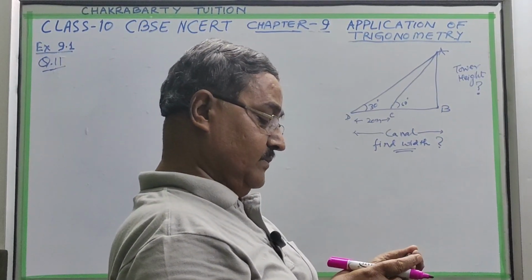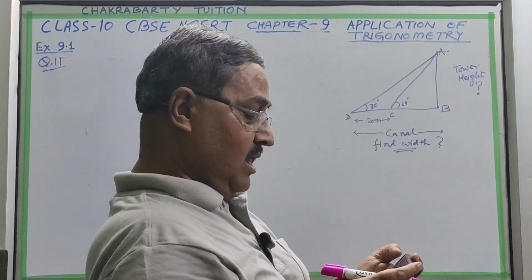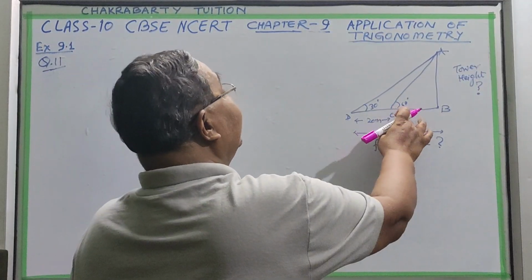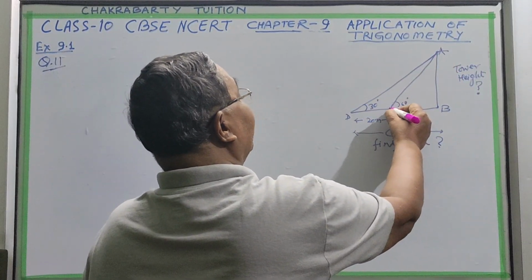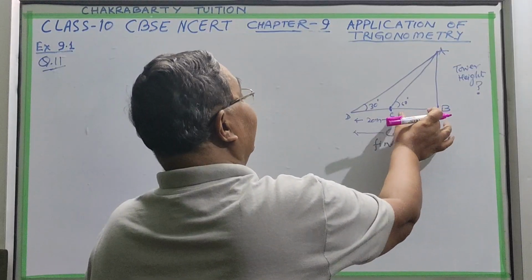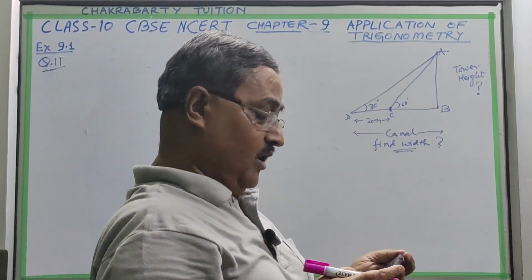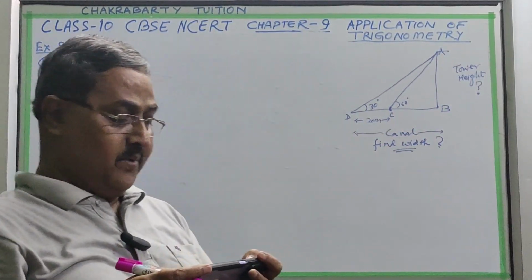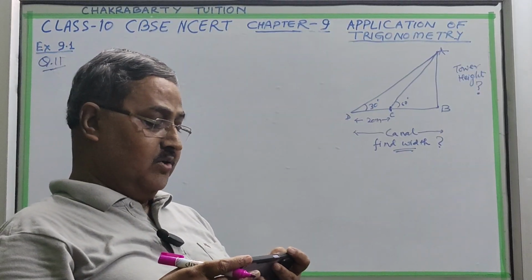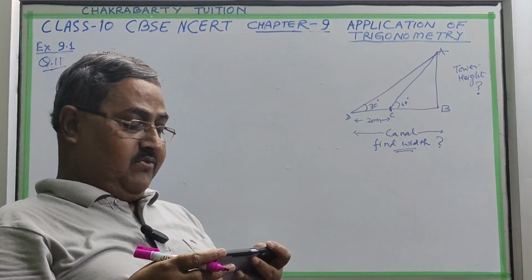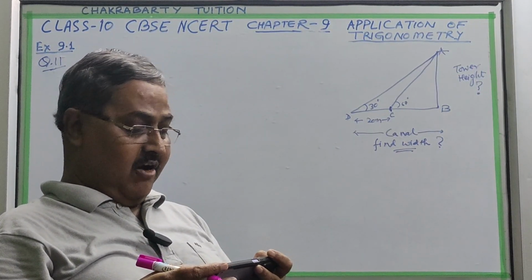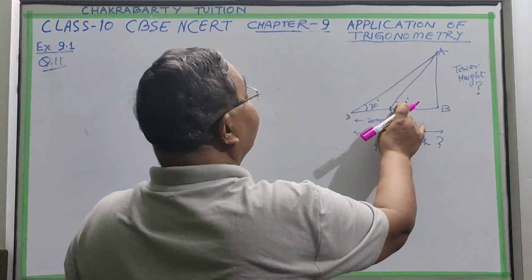The angle of elevation of the top of the tower from a point on the other bank directly opposite is 60 degrees. From another point 20 meter away from this point, the canal is on this side.